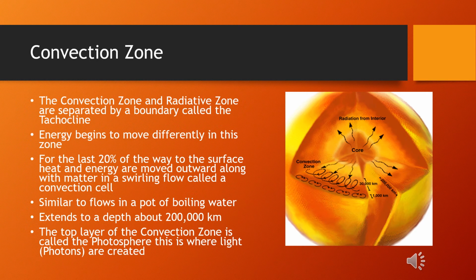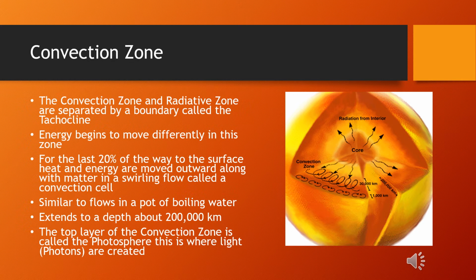After the thousands or even millions of years of light being moved through the radiative layer, they finally reach the convection zone. The convection zone and the radiative zone are separated by a boundary called the tachocline. Sorry if I didn't say that right. Energy moves differently in the convection zone. For the last 20% of the way going towards the surface, the heat and the energy are moving outward with a swirling flow called a convection cell.